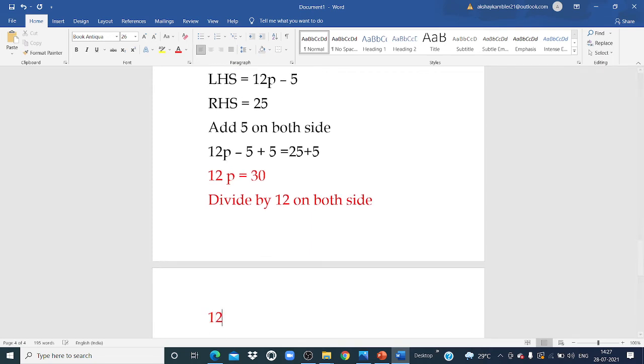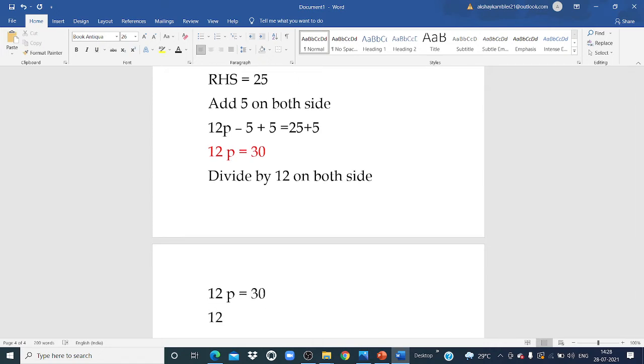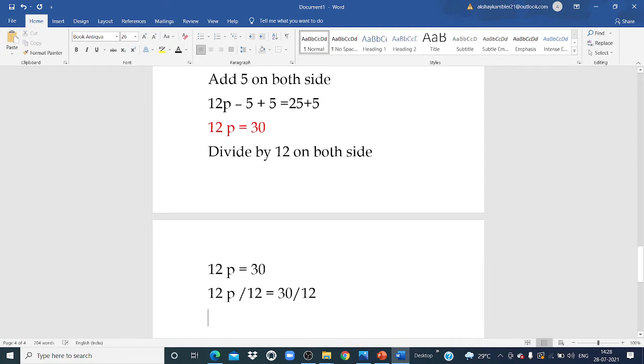What will happen? 12p is equal to 30, right? After dividing, what will we get? 12p divided by 12 is equal to 30 divided by 12. So what is the answer? P is equal to 5.